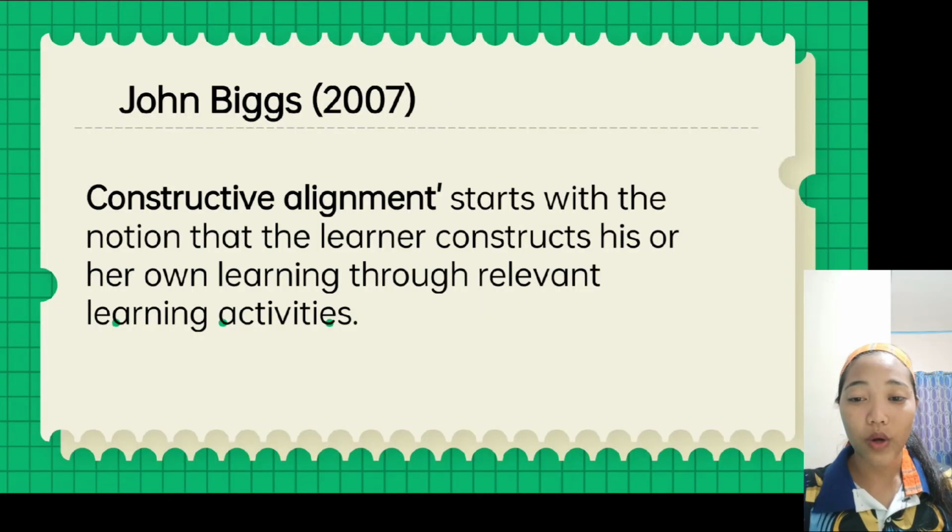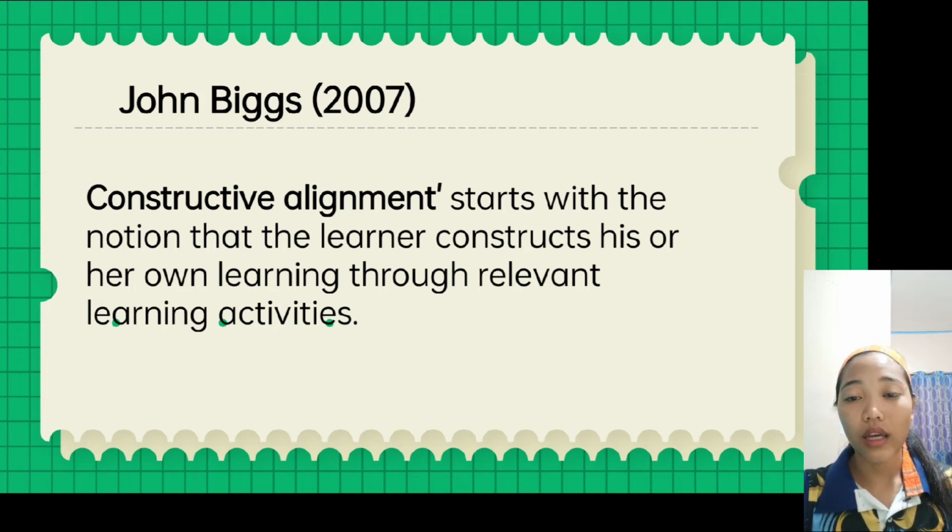So let's go back to our main lesson for this discussion, which is constructive alignment. As stated in the book by John Biggs of 2007, constructive alignment is based on the constructivist theory that learners use their own activity to construct their knowledge or other outcomes.